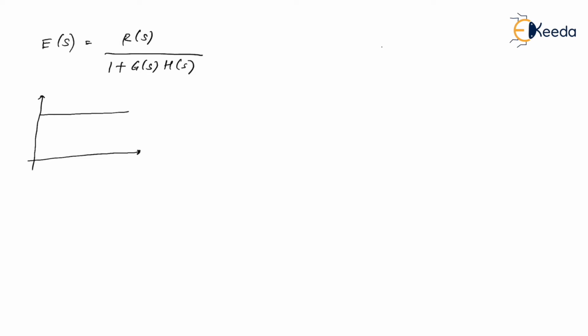For example, I have given a step input, or rather I would say a unit step input. This is the output response you get. This kind of output response you get. So this is nothing but actual output. And you know what? This is what we called as a reference input, or I would say a desired output.